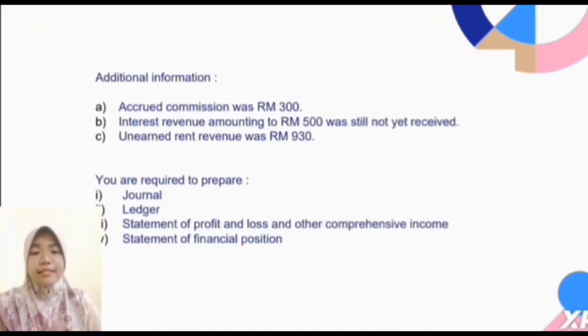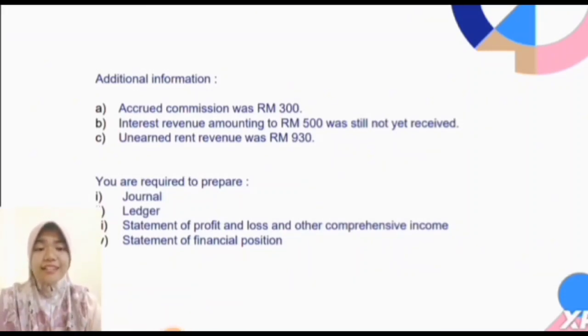Also an asset. Third is our unearned revenue, 930. Unearned revenue we call a deferred revenue. Deferred revenue is a liability because the income that you should get that year was over earned.